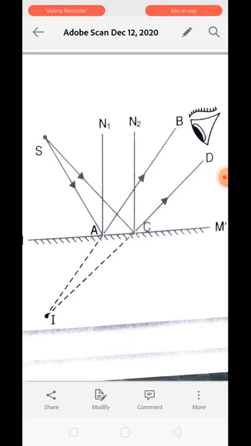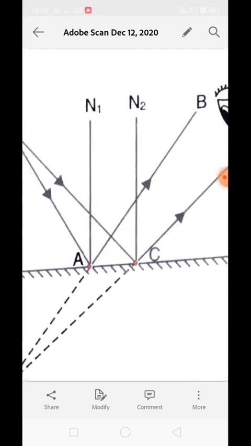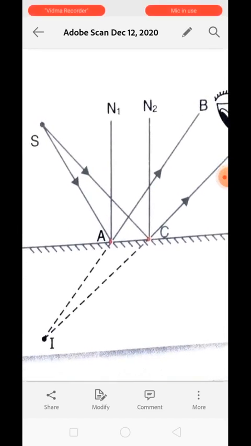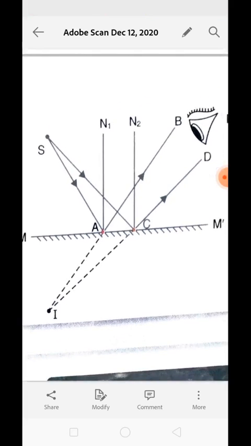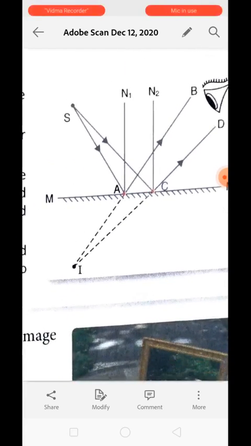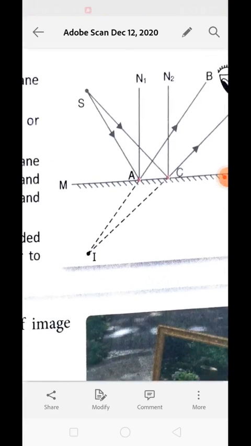But when we see the image, we think that the object is kept behind the mirror, even though there is nothing there. It is only our conclusion, from seeing the reflected rays, that the rays are coming from somewhere behind the mirror. That is why the image is formed behind the mirror and hence cannot be obtained on a screen.